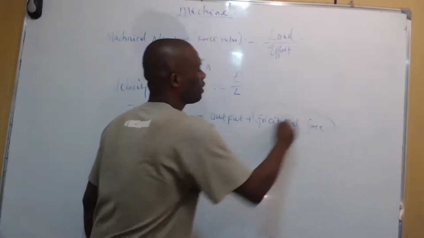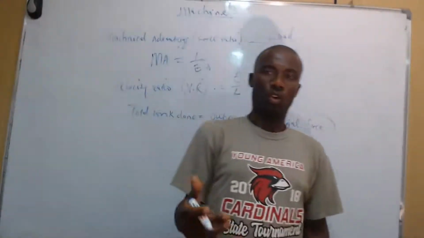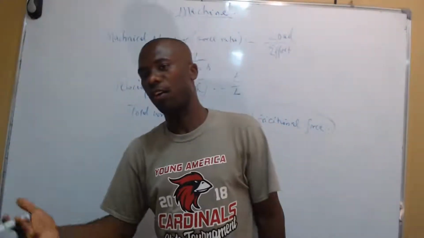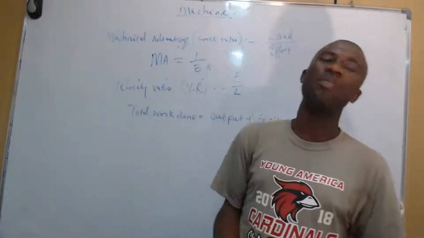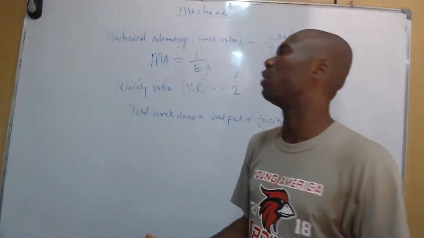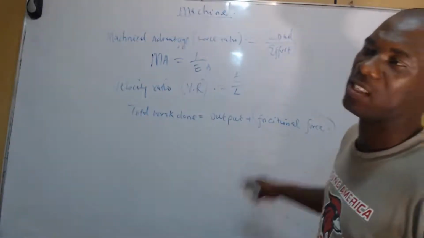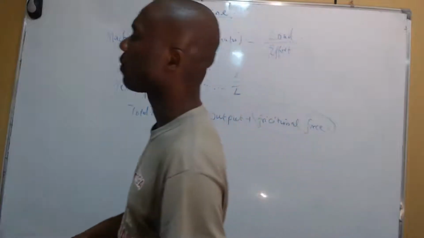These frictional forces reduce the efficiency of every given machine to less than 1 or 100%. Because in an ideal machine, a perfect machine or a lossless machine, the efficiency is 1 because there is absence of friction in the system.